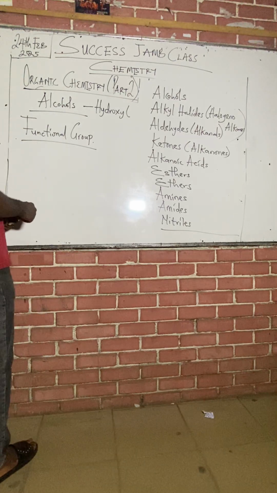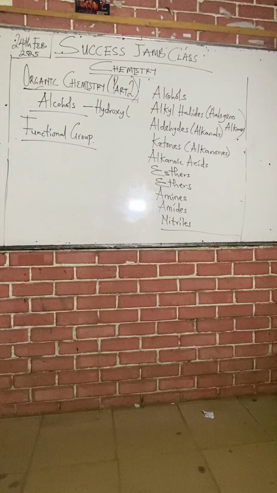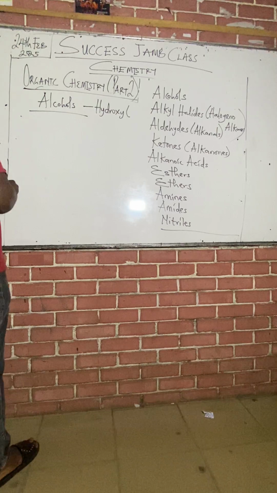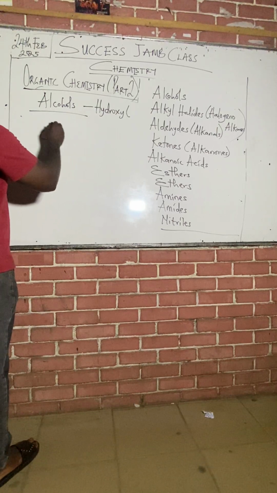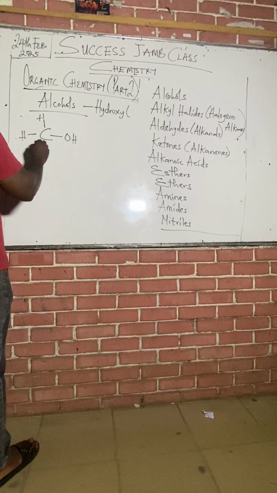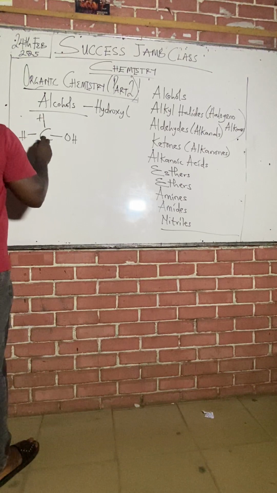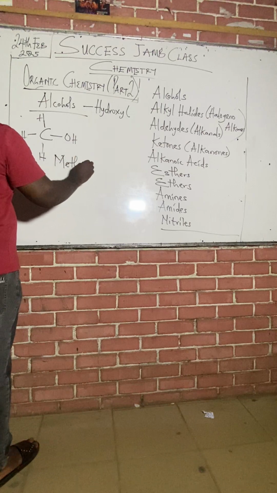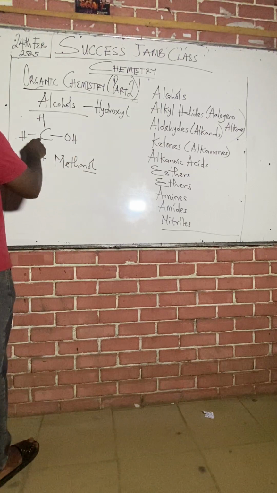So class, what makes up alcohol basically is an alkyl group plus OH. If you have one carbon and you have OH, you are methanol. The ending is determined by your functional group, OH, but meth is the number of carbons.